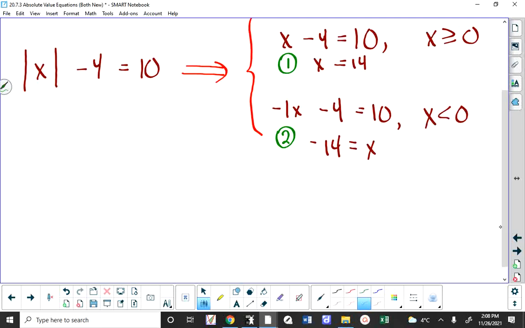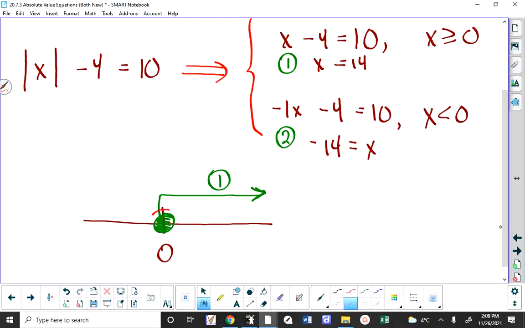The fact of the matter is, on a number line, when we say x is greater than or equal to 0, we mean that. So this is equation 1. When we say x is less than 0, we mean that. So this is equation 2.